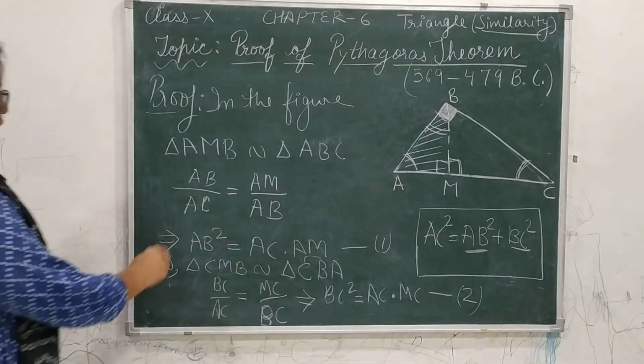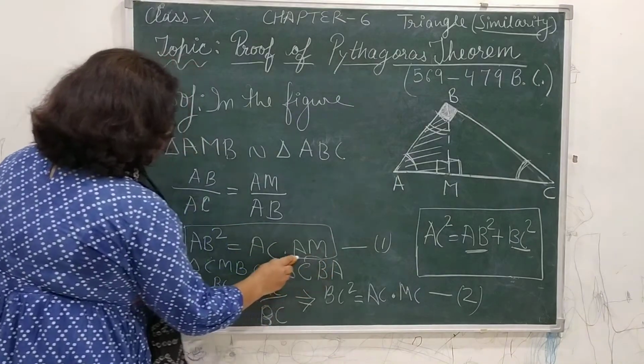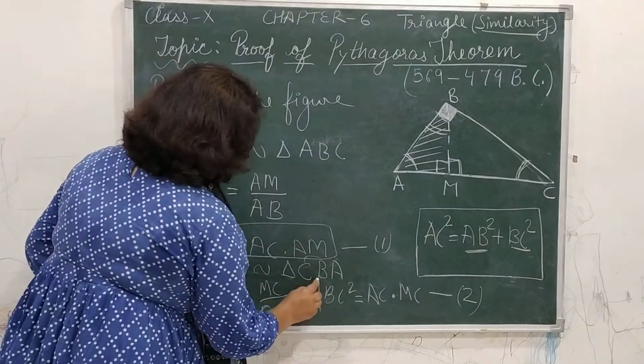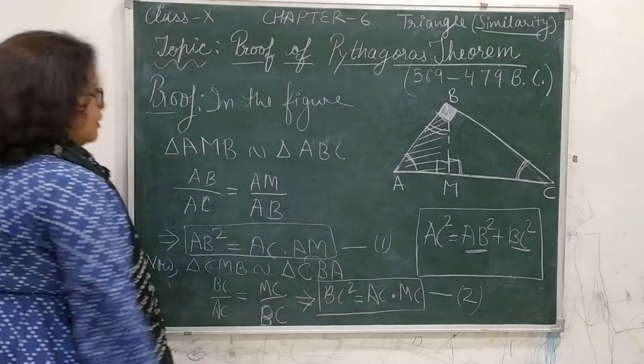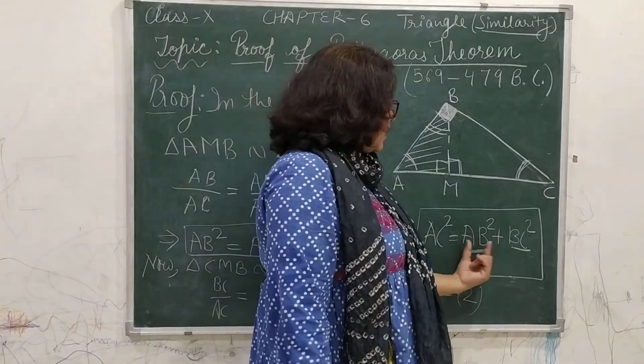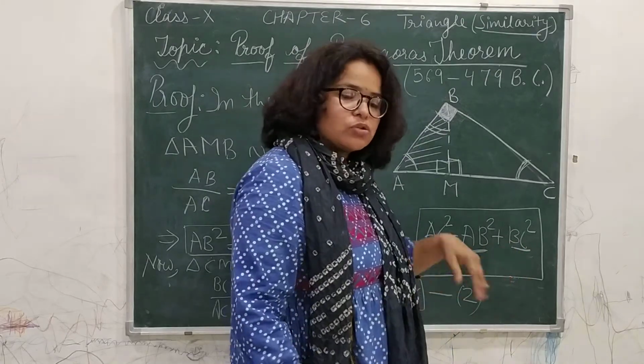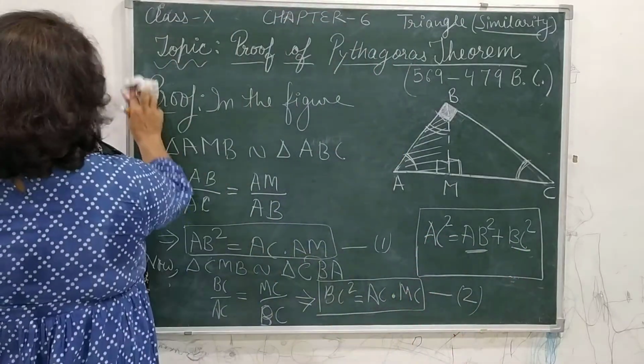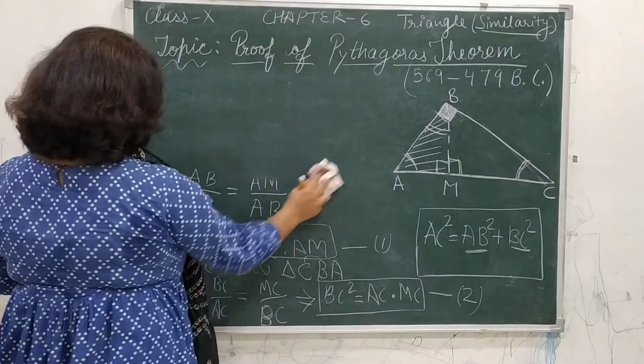So kindly observe these two equations. What should I do now? If I come again to this box, on the right hand side, these two squares are getting added. So we will also add them. It's very easy.